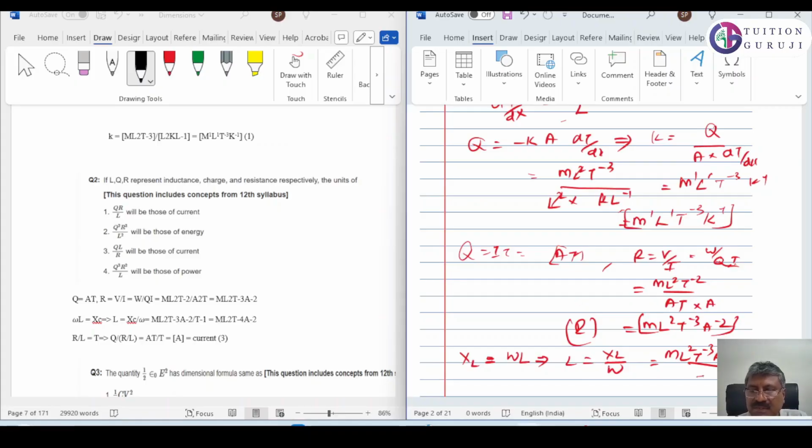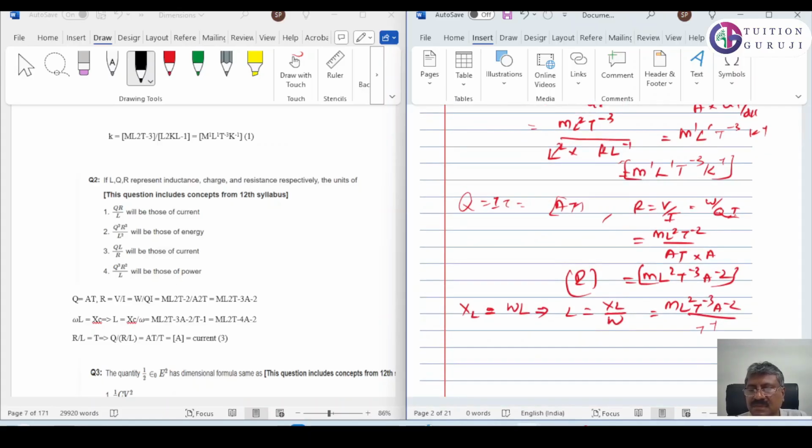Omega is actually T raised to minus 1. So it will be M L square T raised to minus 2, A raised to minus 2.